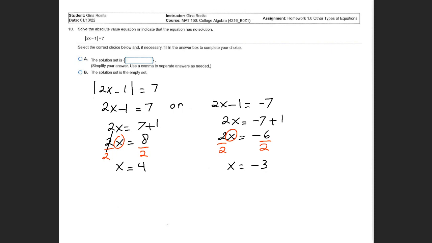After that, you check. Plug in x equals negative 3 and x equals 4, and see whether the statement is right or not. Okay, now go to the next one. Number 11.